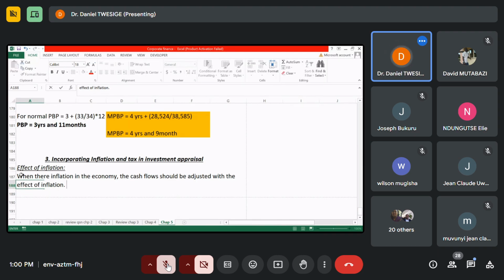And when you are adjusting, you need to adjust both the discount rate and the cash flows. Adjust the discount rate and adjust the cash flows.